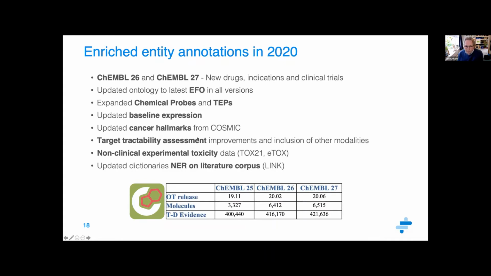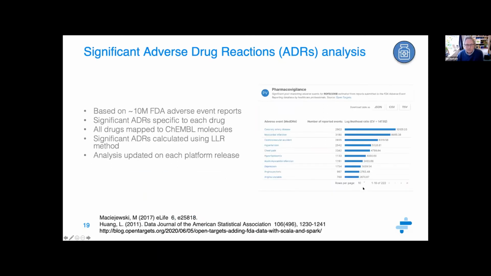We've improved the cancer hallmarks from COSMIC, and the target tractability assessment has expanded to various modalities as we go forward. We also include eTox information and Tox21, and updated our dictionaries for named entity recognition for these evidence. That's a process that we continue to incrementally improve for each of these data sources.